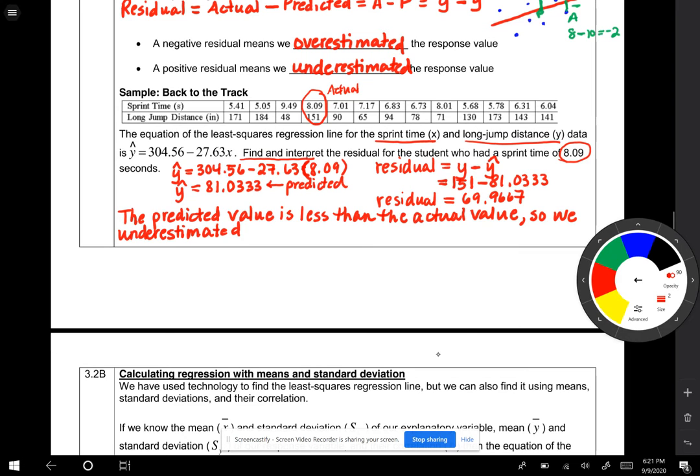So we underestimated long jump distance by 69.9667 inches. And that's interpreting. So it's really important that you know what a residual is and whether something has been overestimated or underestimated. And just remember, if the point on your scatter plot is above the trend line, it is an underestimation. And if it's below the trend line, then it's overestimation.